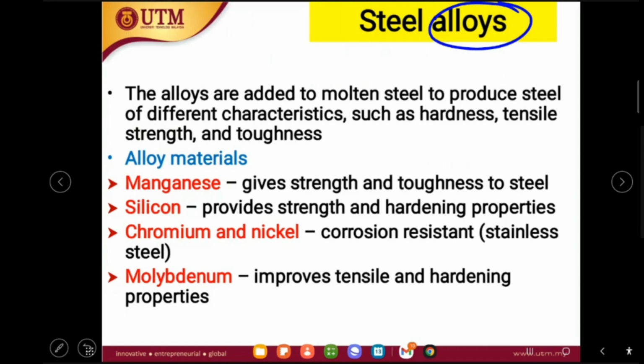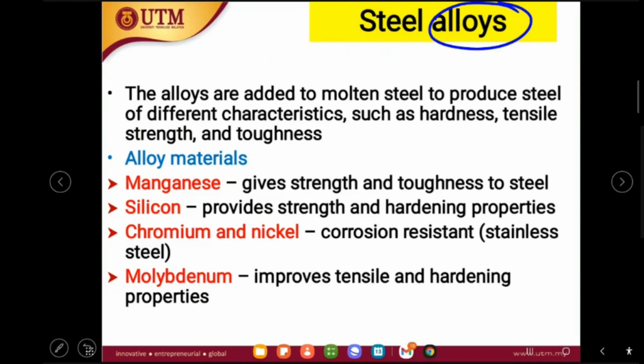These alloy materials include manganese, which gives strength and toughness to the steel. Like the mild steel just now, it has a high manganese content of about 1.6%. We also add silicon, which provides strength and hardening properties, chromium and nickel for corrosion resistance, especially for stainless steel, and molybdenum to improve the tensile and hardening properties.